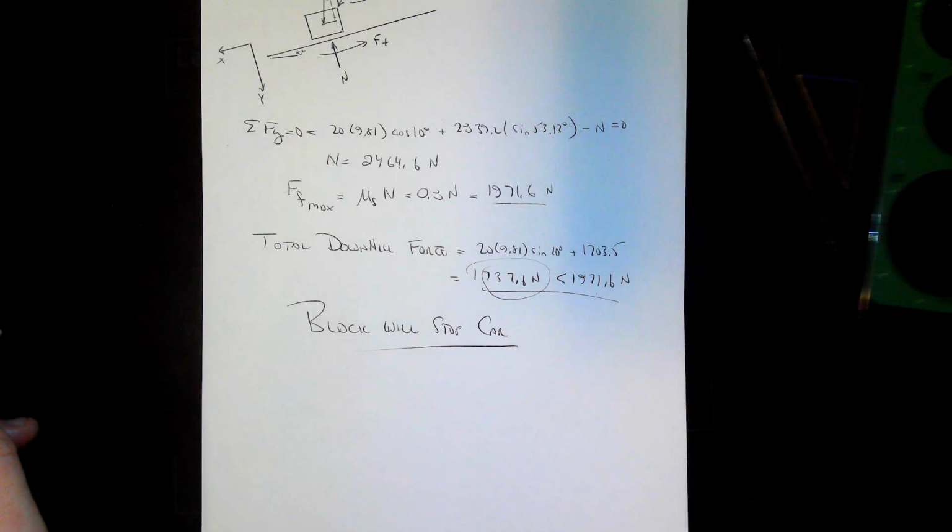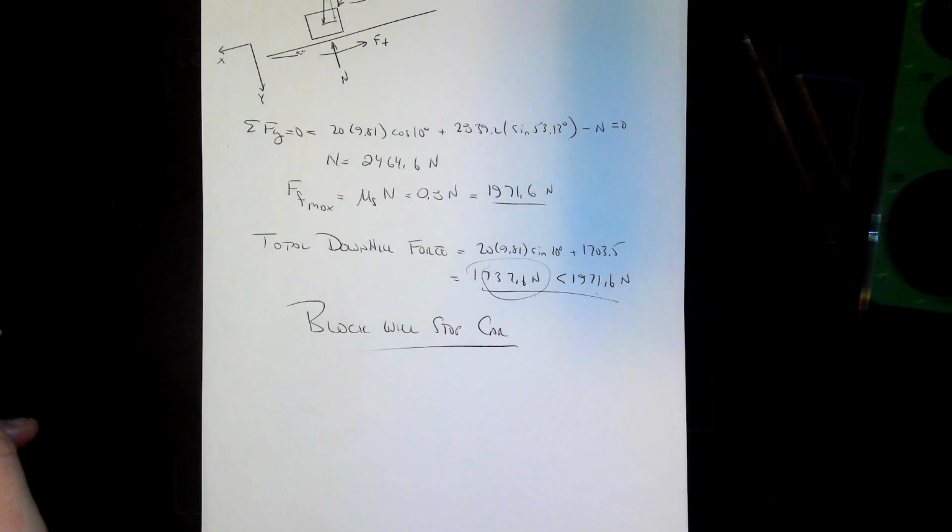So we're going to sum the forces in the y. We have the room to do it. So we have 20 times g, 20 times 9.81, cosine of 10 degrees, right there. All right. And then here we have 2839.2, and then we would take the sine of 53.13 degrees.